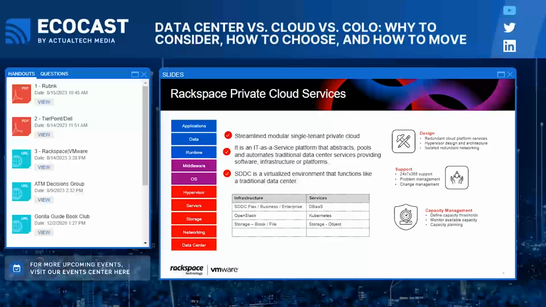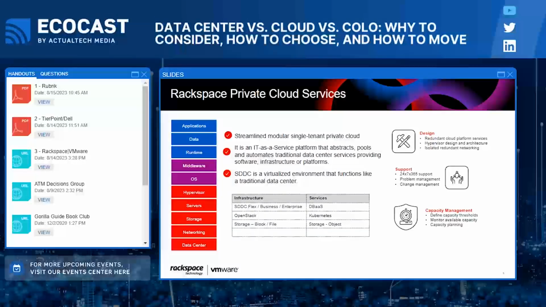Sometimes clients manage it by themselves, but pretty much everything above that, the runtime of their applications, their data, the actual apps, it's all the customer's responsibility. So this is essentially what Rackspace provides. We manage everything below, and the customer manages everything on top. In addition to standard design, redundant design, high availability, 24/7, 365 support, proactive capacity management, that's what we provide as well for that service.